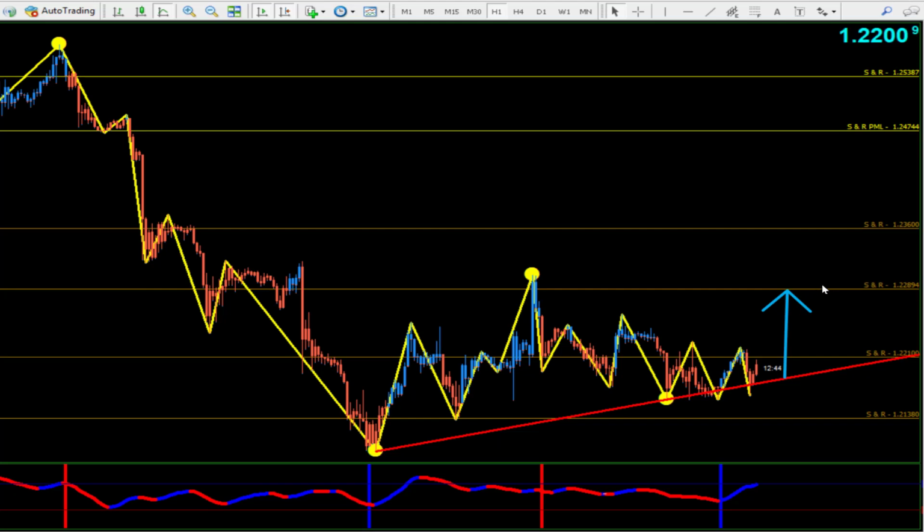If price breaks above this point here, I'm going to use this point, this support and reverse level, as my second take profit. This is my first take profit if price goes in the buy direction, and this will be my second take profit, okay.